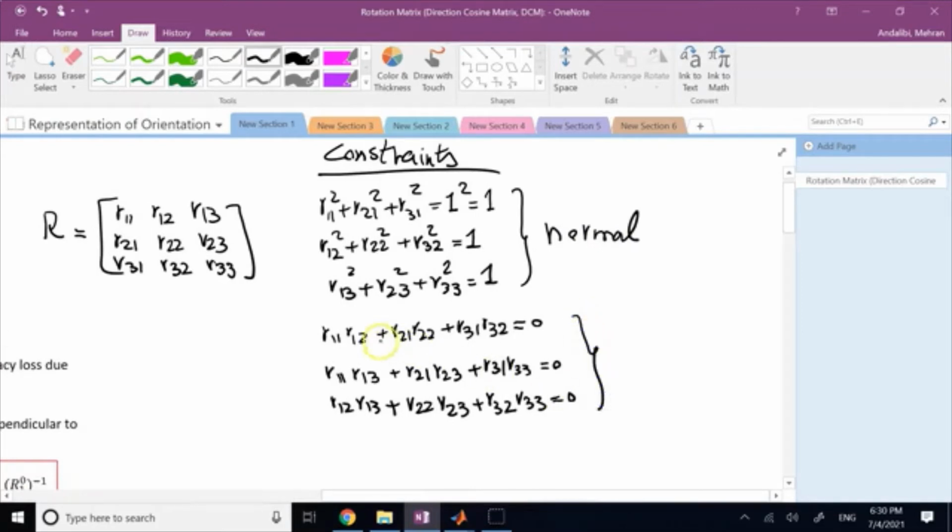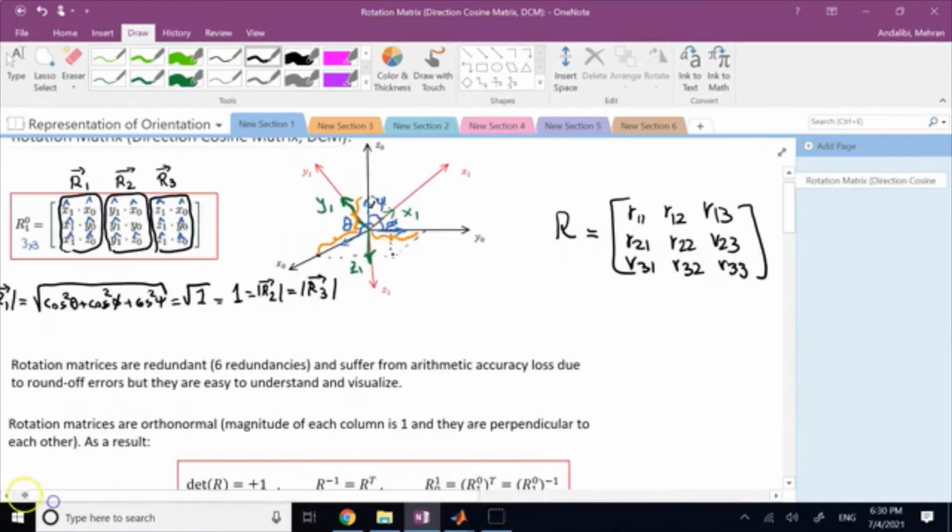And because each column is perpendicular to the other one, we call it orthogonal. So if a matrix has columns perpendicular to each other, we call it an orthogonal matrix. If it has magnitude 1 in all columns, we call it normal. So this one has both of them, therefore we call it orthonormal.